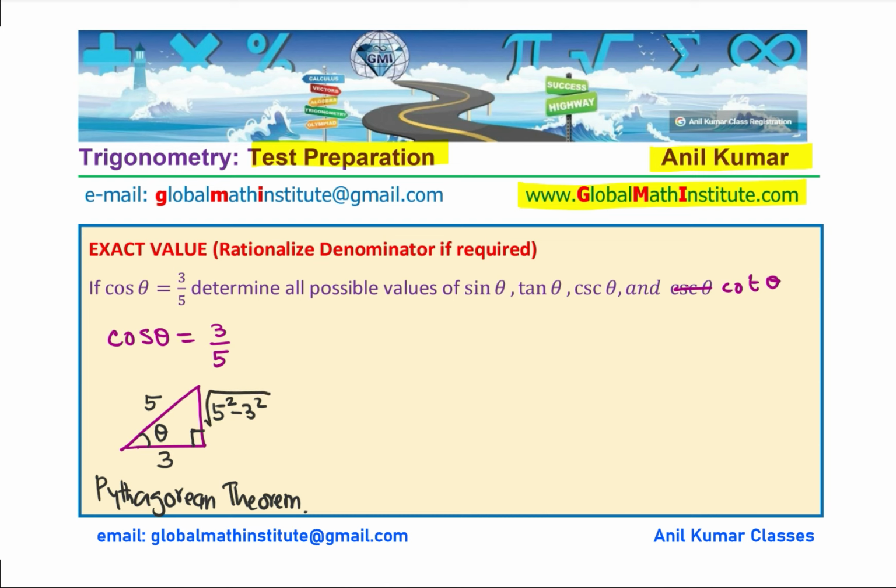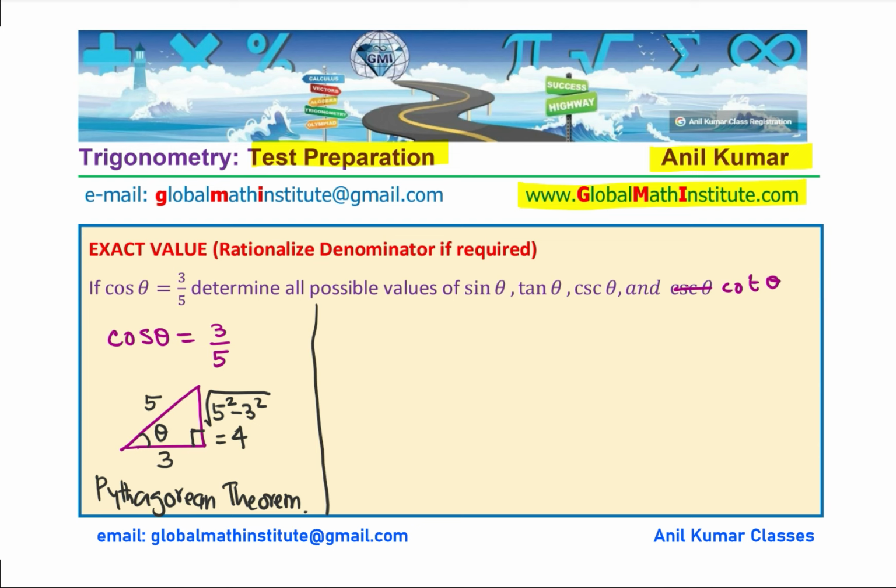Well, some of you know it is 4. It's a Pythagorean triple, so you should remember this value. 3, 4, 5 is the Pythagorean triple, the lowest combination of integers which will give you a right triangle. So from here, you can always find the value of all other trigonometric ratios.